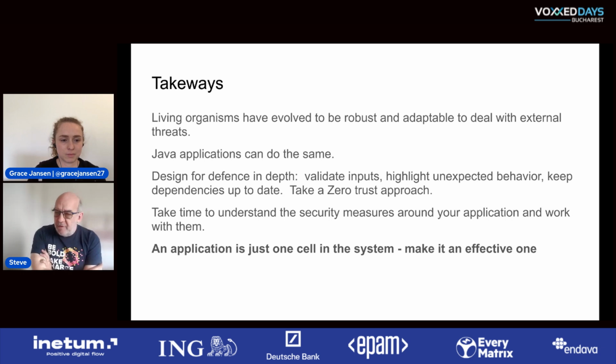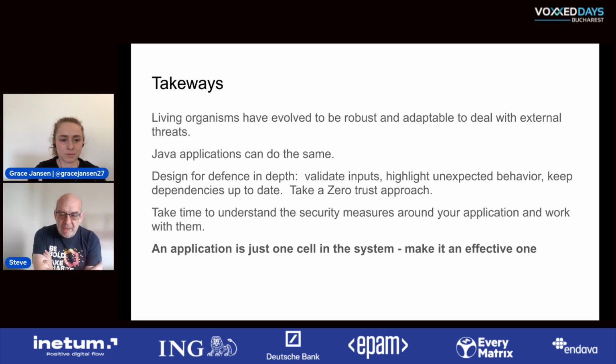Highlight unexpected behavior. Yes, we're so used to saying we'll report an error, but we don't report these suspicious things because we're not really sure what they are, but we need to get better at doing that. Keeping defenders up to date is the most obvious number one activity, regardless of anything else, because that's the biggest source of attack. Take a zero trust approach. Work on the basis that nothing you use is trustworthy, and work up from there.